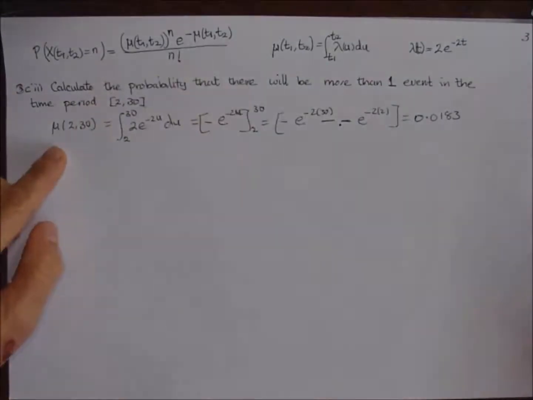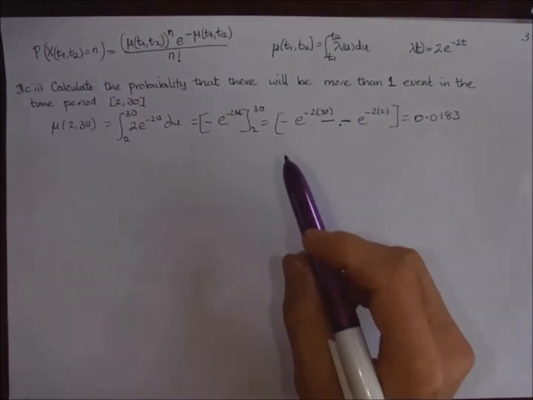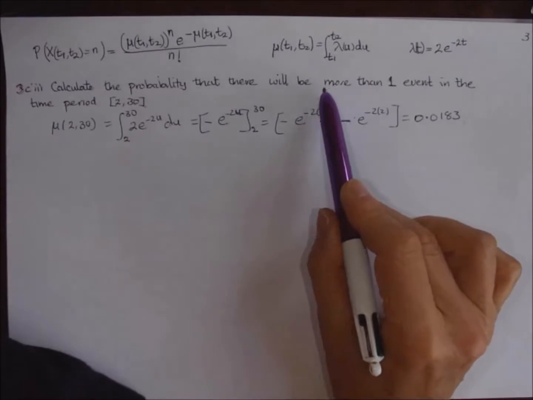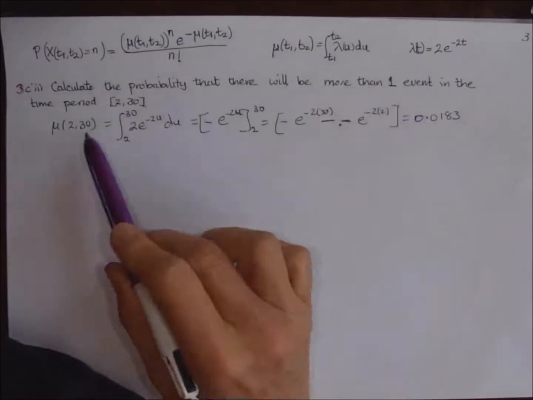So that's the mu part, okay? Now we have to put it into this formula, but we have to read it again, that there will be more than one event in the time period.